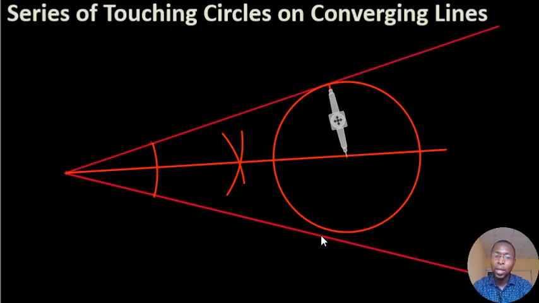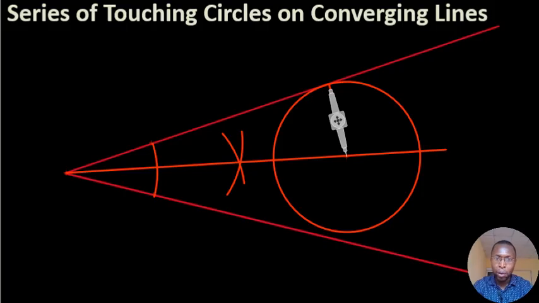Then the next thing for you to do is to draw another line that will be a tangent to this circle. You know, we talk about a tangent, that is a line that touches a circle. So you draw a tangent with your set square.